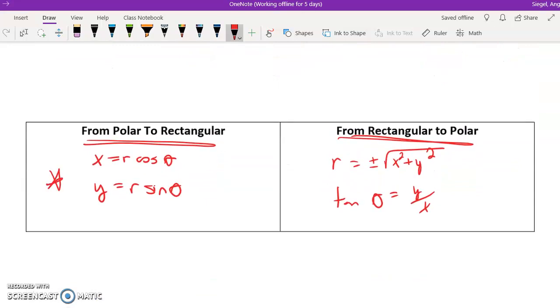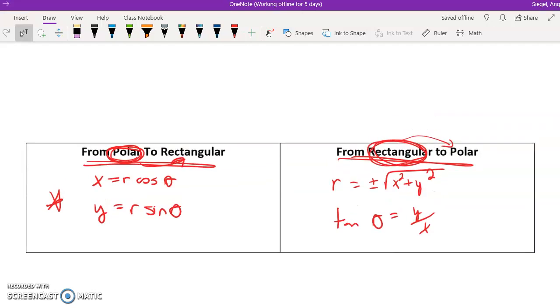This is when you have the polar coordinate and you're going to the coordinates that we're used to. And this is going from a regular XY coordinate to a polar coordinate. These formulas are really nothing new. Think about the formula for cosine. Cosine is x/r, so all we're doing is solving for x here.